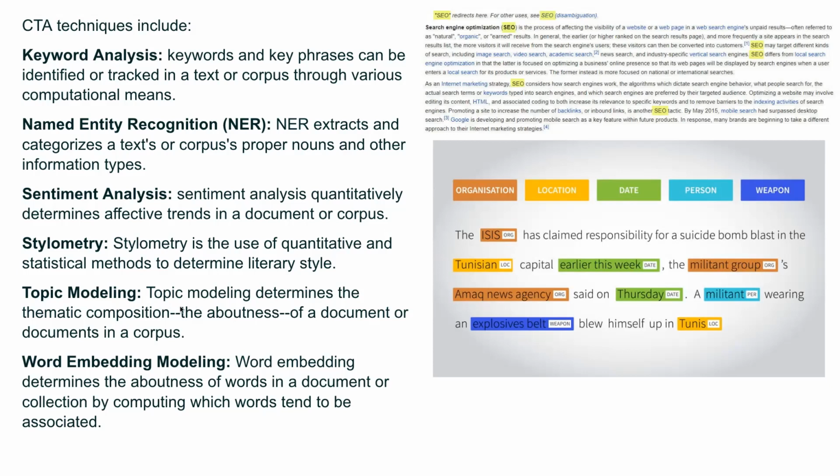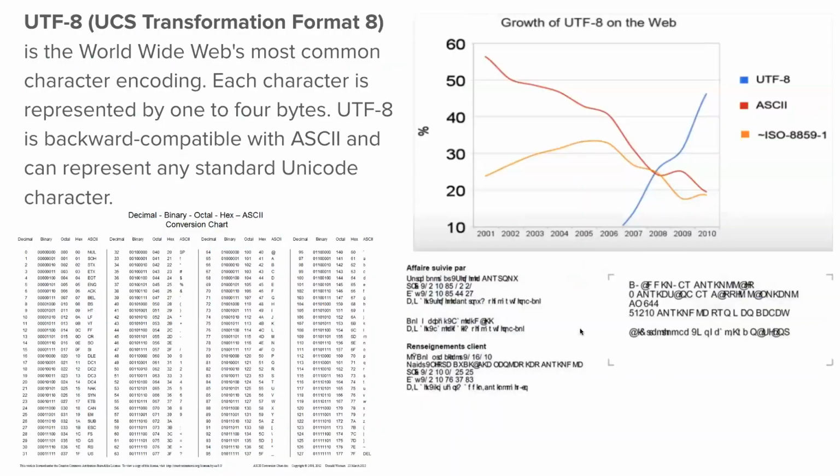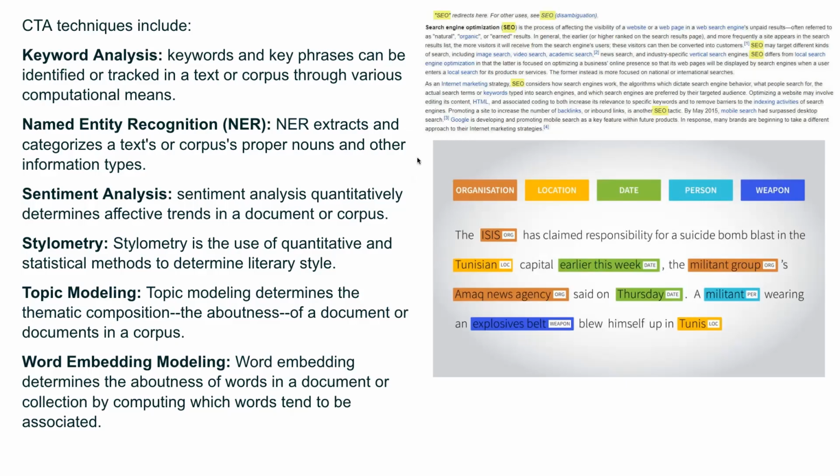Topic modeling determines the thematic composition and aboutness of a document or documents in a corpus. So in this context: ISIS has claimed responsibility for a suicide bomb blast in the Tunisian capital earlier this week. This is basically looking at this text and trying to identify the organization name, the location name, dates, person-related phrases, weapon-related phrases automatically on its own.